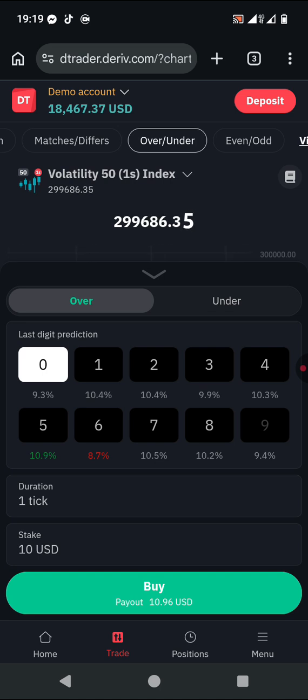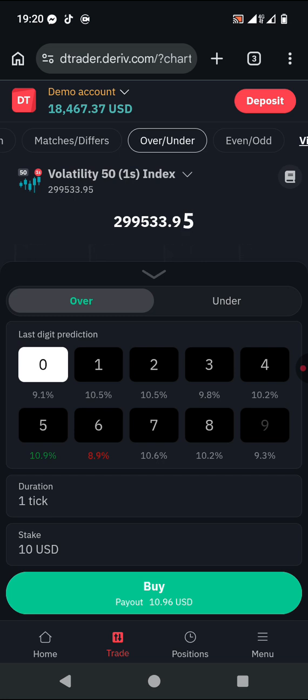I repeat again, the red appearing digit should not be close to digit 0. It should not be in digit 1, 2, or 3. It should be either in digit 4 to 9. The green appearing digit has no problem, wherever it is.